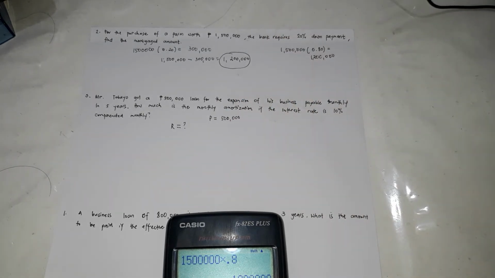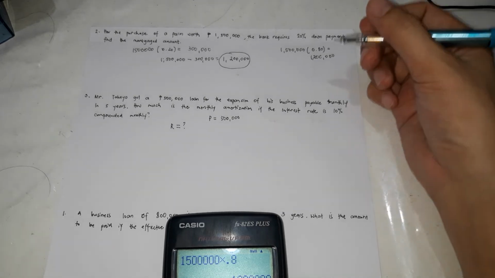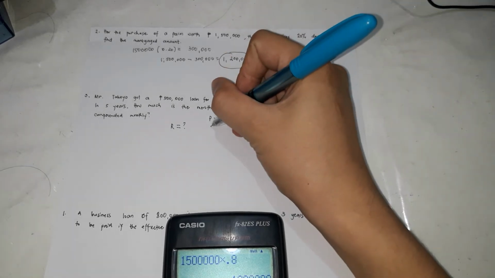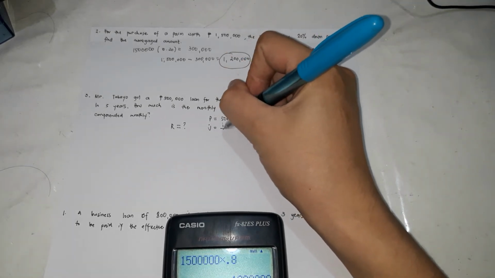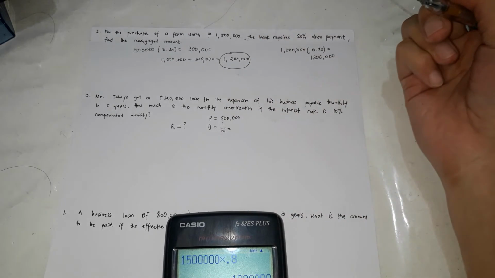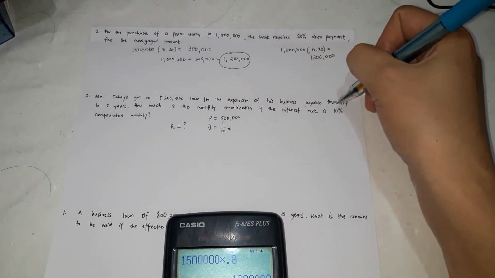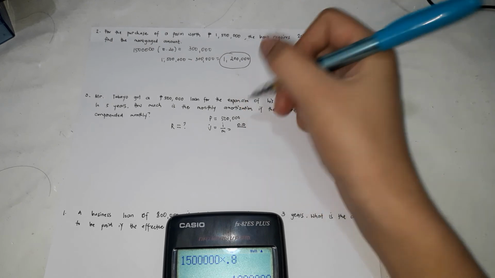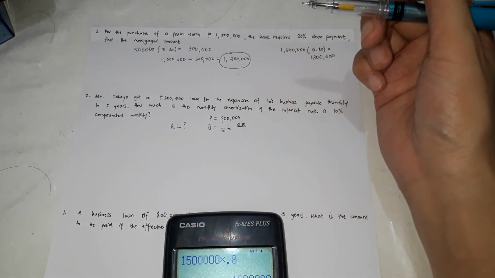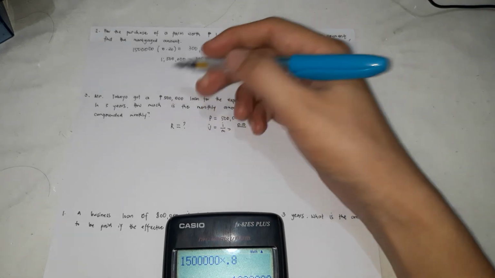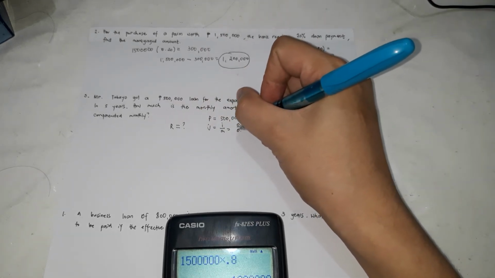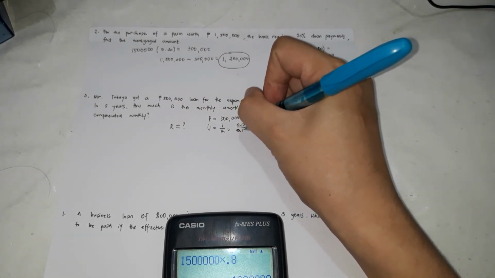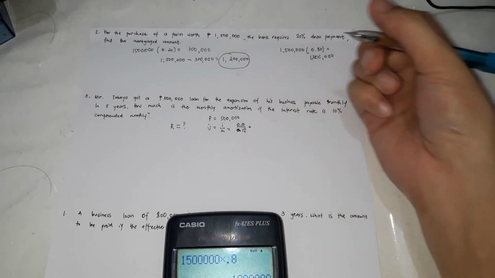Next, we know that j is equal to i over m, and i is equal to 10%, so 0.10 divided by the conversion period, which is 12.